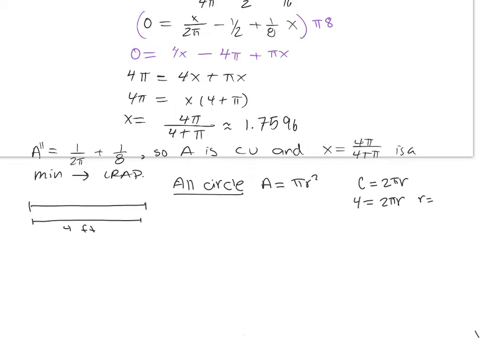So r is equal to 2 over pi, right? You buy that? So then in that case, the area is pi times 2 over pi, the quantity squared, or 4 over pi. You buy that?